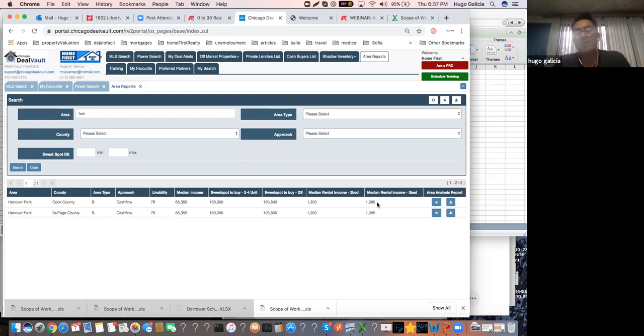So in this case, if you were to pay 193, you would need to collect $1,938 in rent. And look at the median rental income for a 3-bedroom. It's only $1,395. So to me, boom, that's a red flag.